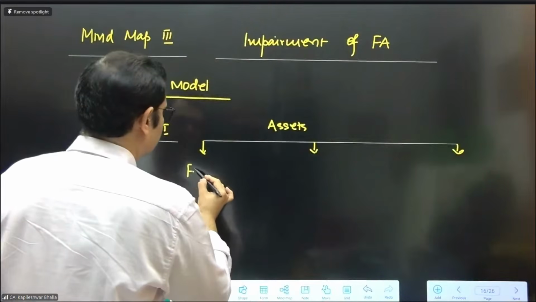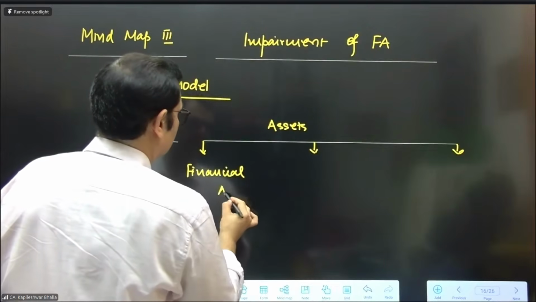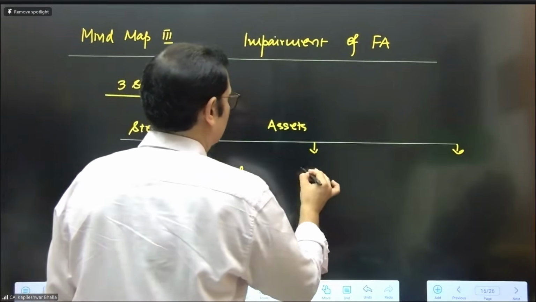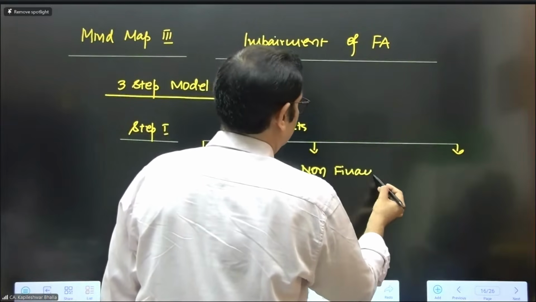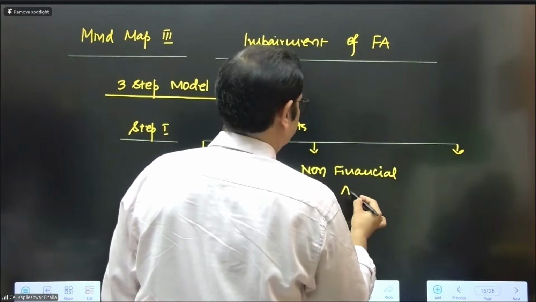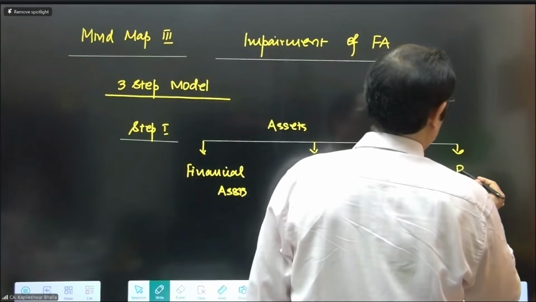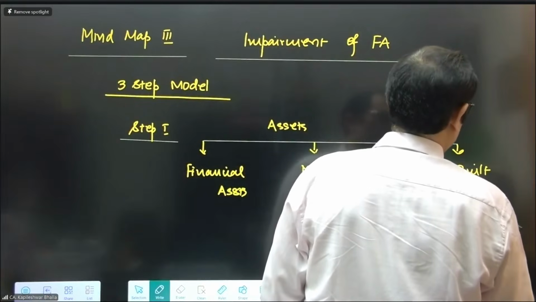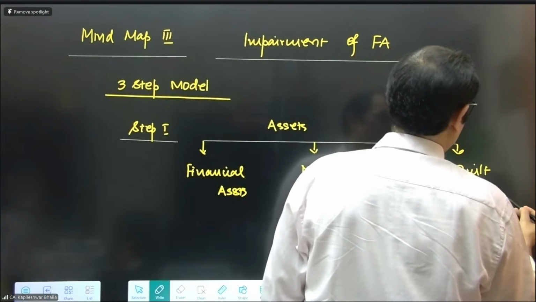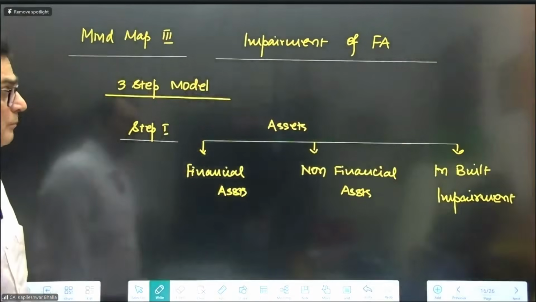So either we can say they are financial assets, or we can say they are non-financial assets. And the third is those assets where there is an inbuilt impairment, and neither 36 nor 109 would apply.